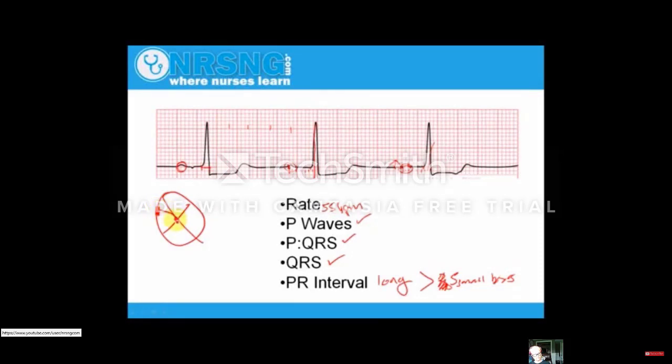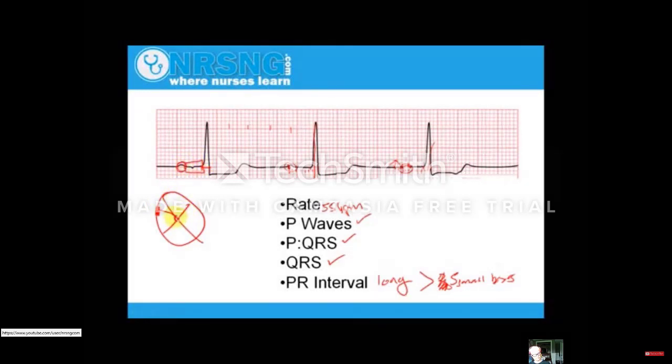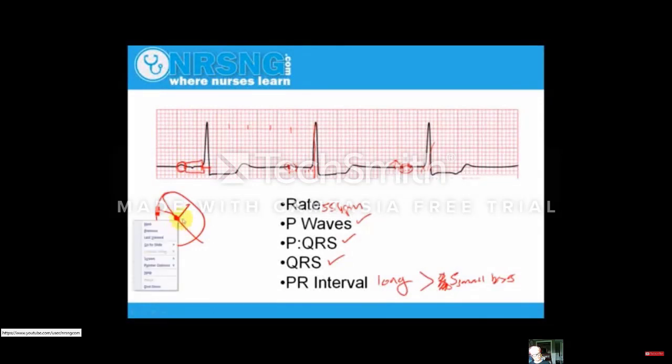So for every SA node impulse, we are getting an impulse through our Purkinje fibers, but for whatever reason it's being held up here in our AV node. Okay, so that's what that's telling us.